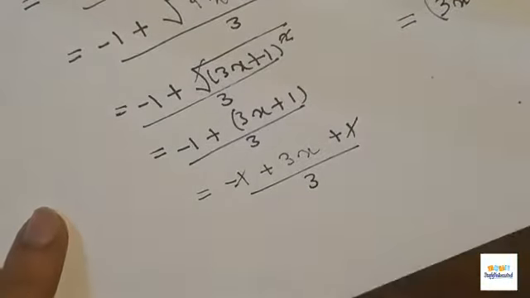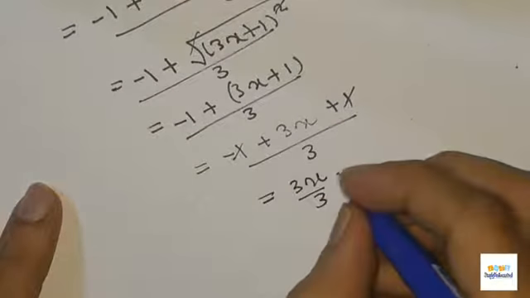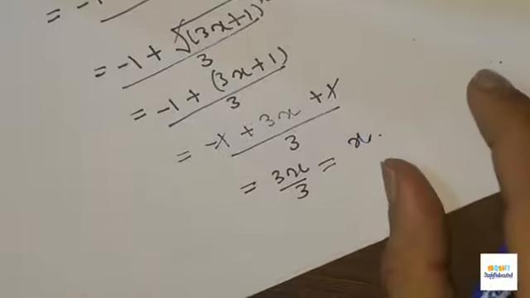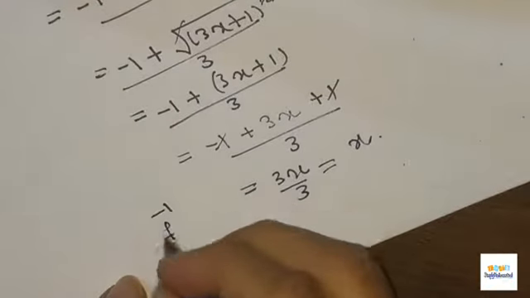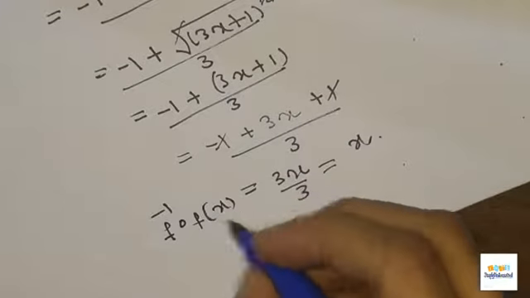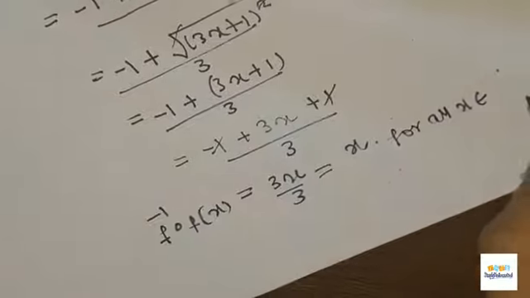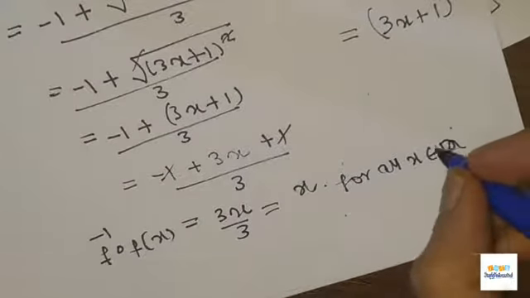Now here minus 1 and 1 will get cancelled and you will get 3x divided by 3, which is equal to x. Now what you have got is f inverse composition f of x is equal to x for all x belonging to the set R plus.